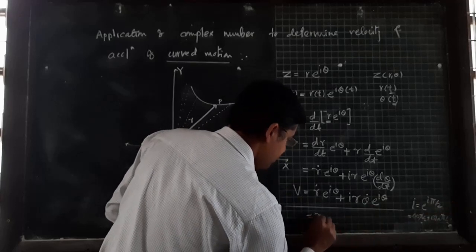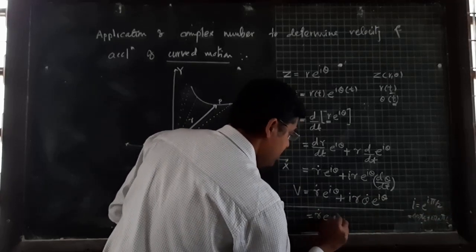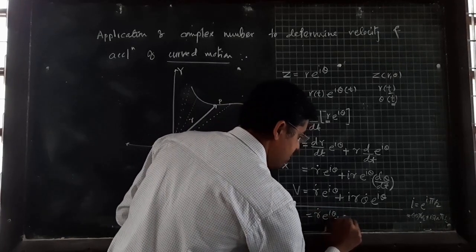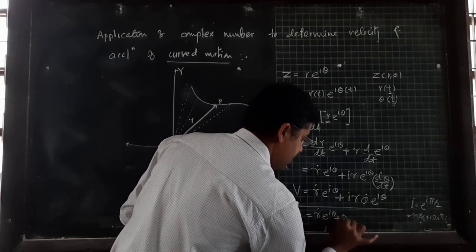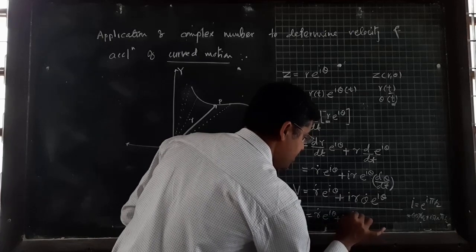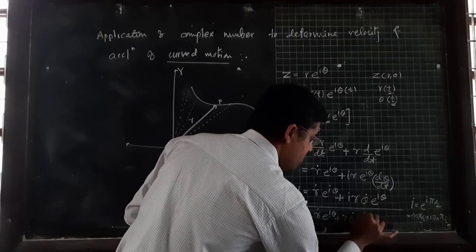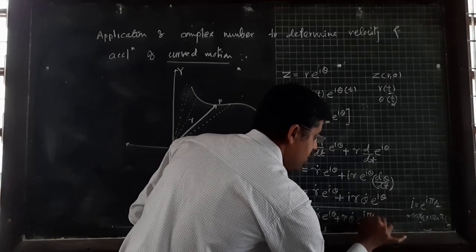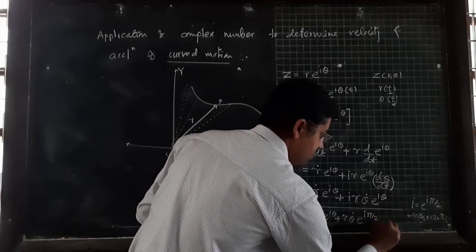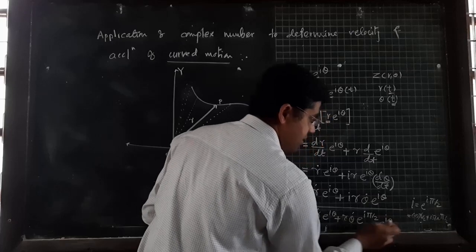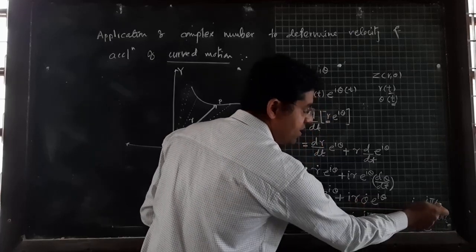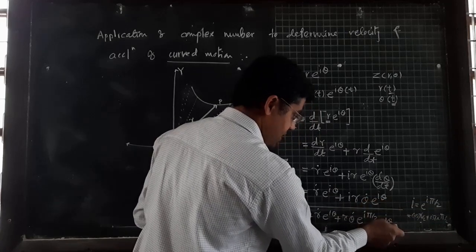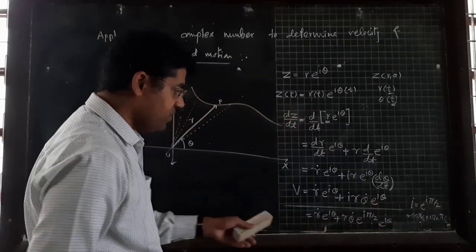So this is nothing but r dot e raised to i theta plus, instead of i, we have written e raised to i pi by 2, into e raised to i theta, and the r theta dot term is as it is. So from this what you will get?